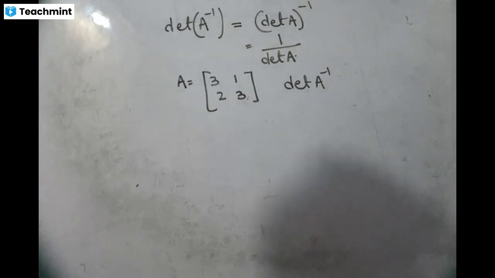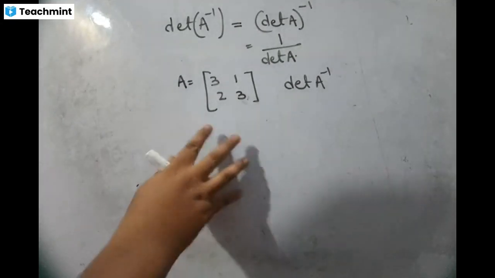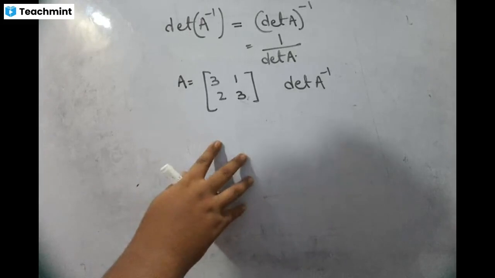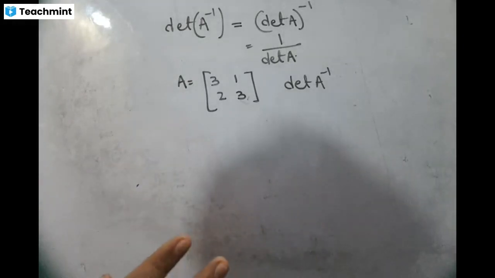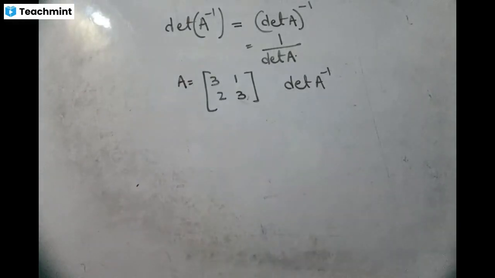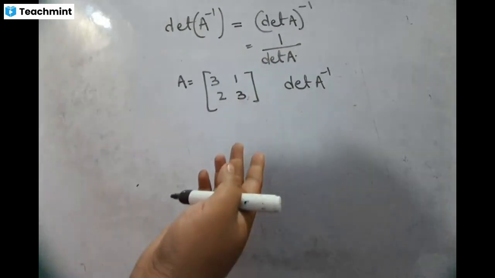You know the formula, yes or no? So you will use that formula and get A inverse. After that, you find out the determinant of that. I'm not saying that you're not going to get the answer. You will get the answer, but it will take a long time. If you know this property, then the solution becomes simple.